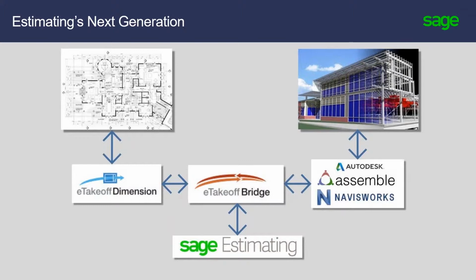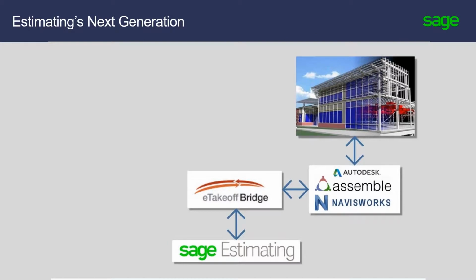And this works on 2D, but it also works on 3D, as you can see. And today we will be concentrating, of course, on this 3D workflow from the model to Bridge to estimating and then back again.